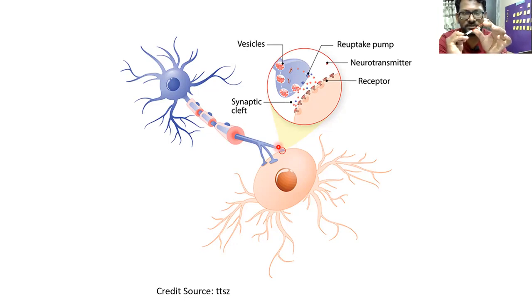Throughout this red color, electric transmission takes place. I explained this in previous videos. Then it comes to the synaptic cleft, and then it will release these vesicles which contain the neurotransmitters. So let's see what are the different neurotransmitters.